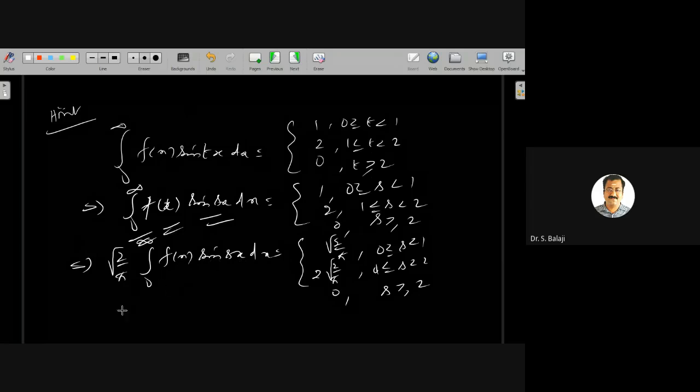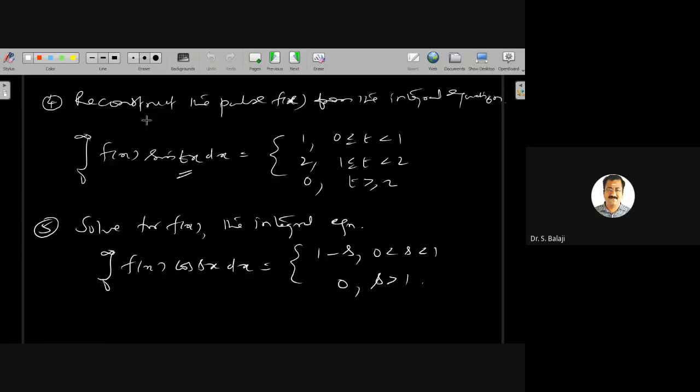So it is the Fourier sine transform definition here. We have Fs of s, this one. Fs of s is given.